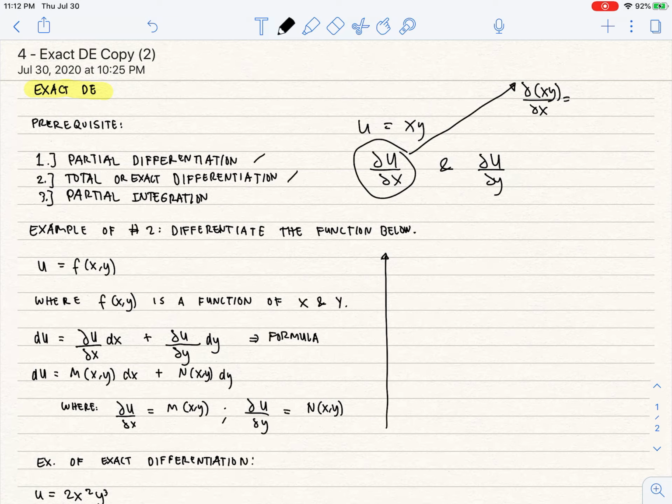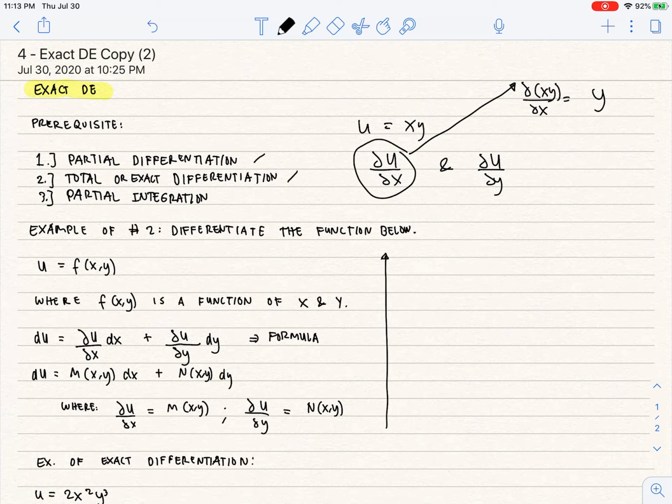So therefore, y here is now considered as one of the constants because we are only differentiating with respect to x. So ang pwede lang nato ma-differentiate diri kay kaning x. So the derivative of x with respect to x is just 1. Therefore, mabilin ang y, which is again considered as a constant. So therefore, the derivative of u with respect to x is just y.